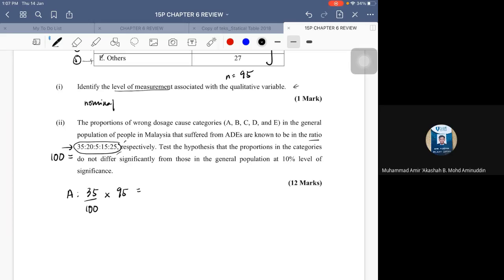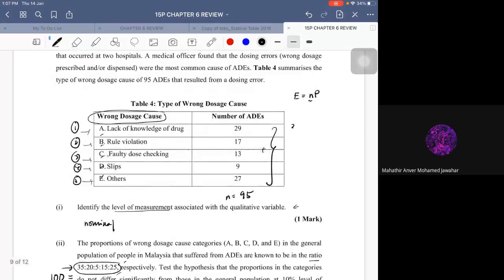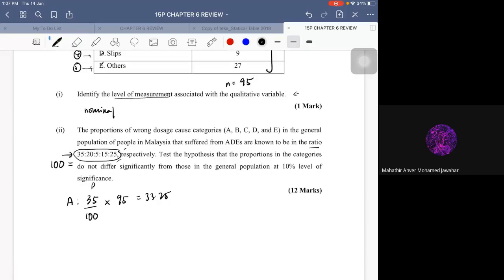So 0.35 multiplied by 95, what is the value of that? 33.25. So the first category's expected value is going to equal 33.25, because this is the probability that it falls into the first category: 35 divided by the whole ratio.